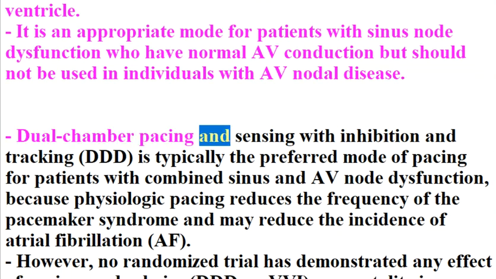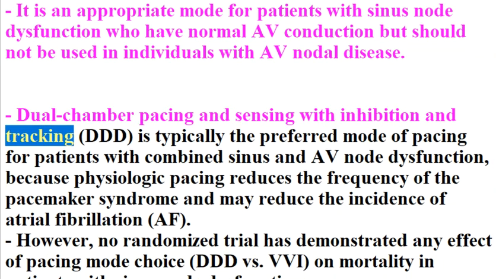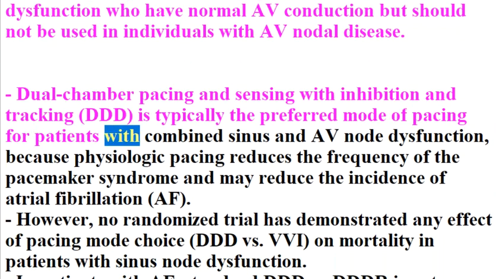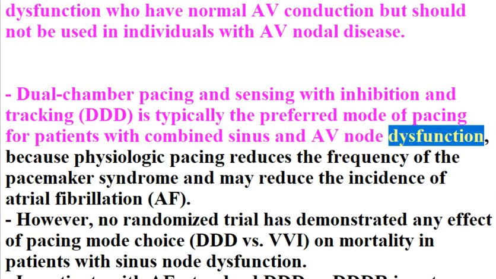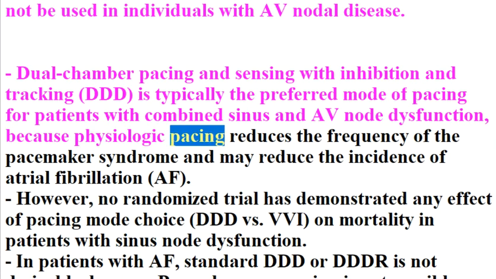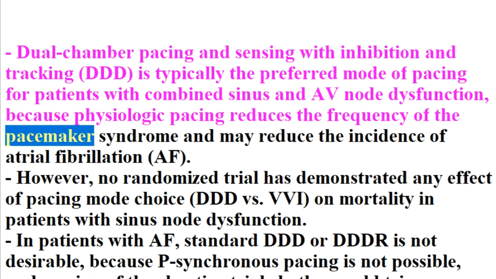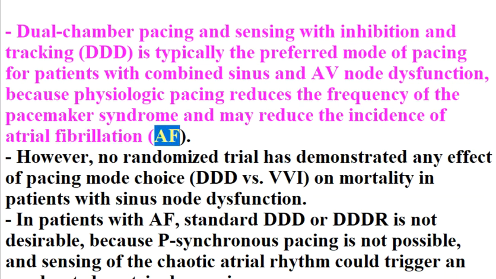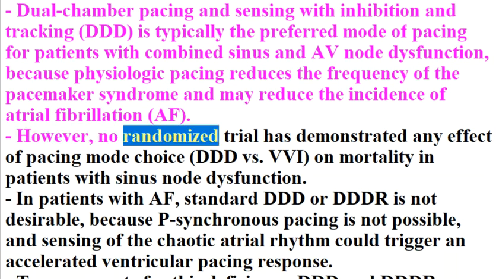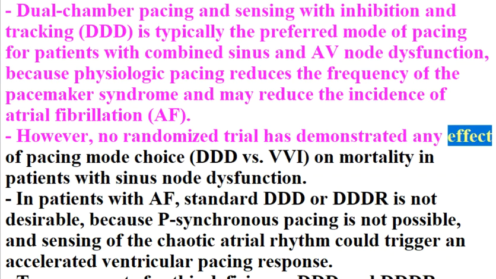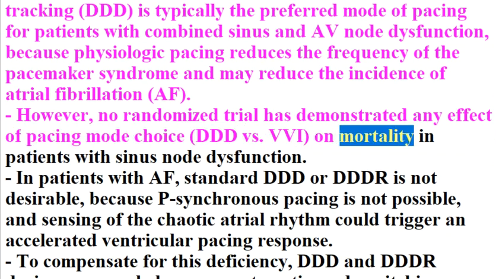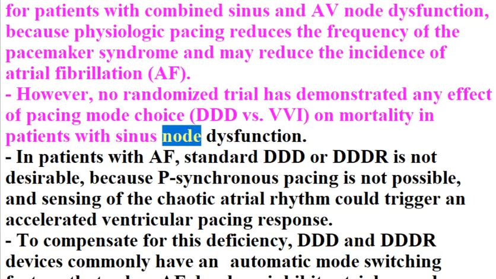Dual chamber pacing and sensing with inhibition and tracking, DDD, is typically the preferred mode of pacing for patients with combined sinus and AV node dysfunction, because physiologic pacing reduces the frequency of the pacemaker syndrome and may reduce the incidence of atrial fibrillation, AF. However, no randomized trial has demonstrated any effect of pacing mode choice, DDD versus VVI, on mortality in patients with sinus node dysfunction.